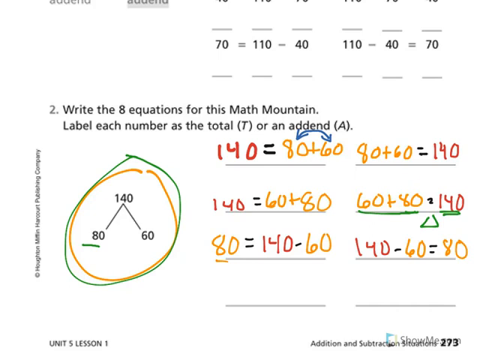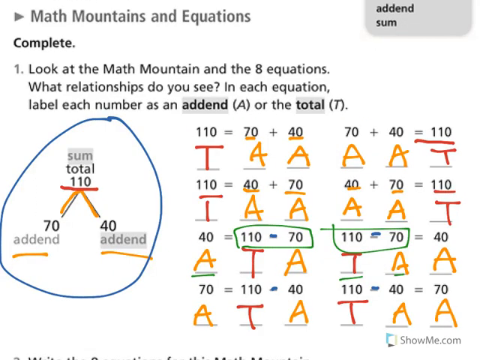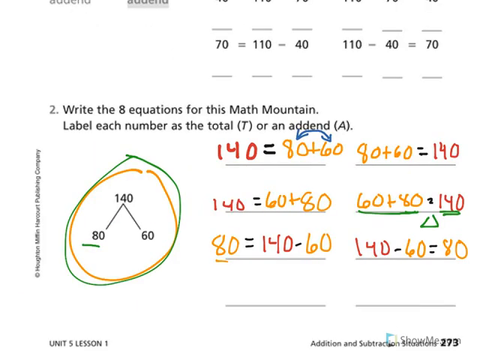Okay, last one on this page. We have the addend that we first had inside, so we'll have it over there. Equals the total, take away the other addend. So we're going to have 60 equals, what's our total? 140. And we're taking away what?